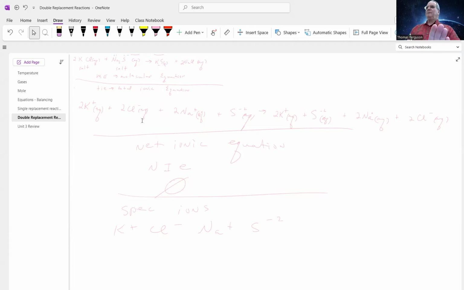You have to do both of them all the time. If it's solid, you write out what it is. And if they're both white, then you say no net ionic. And you always also have to do spectator ions. So if you have no net ionic equation, that means everything's spectator. Everything is spectator.